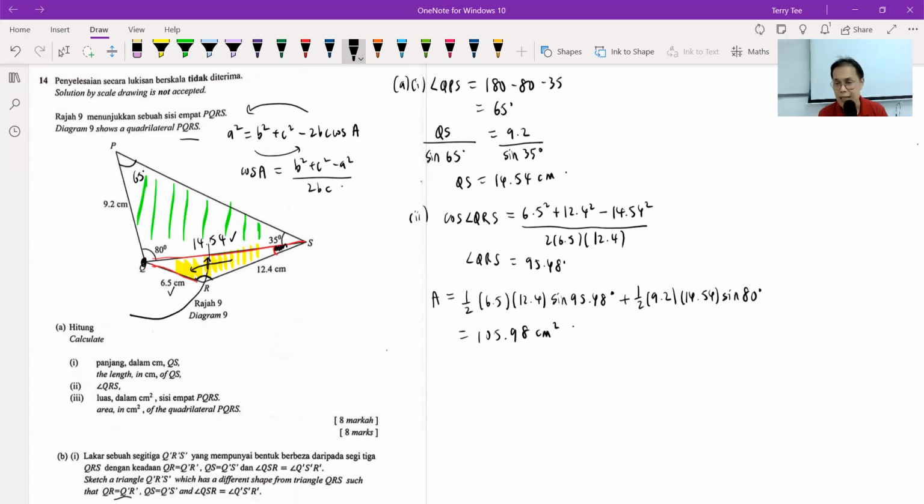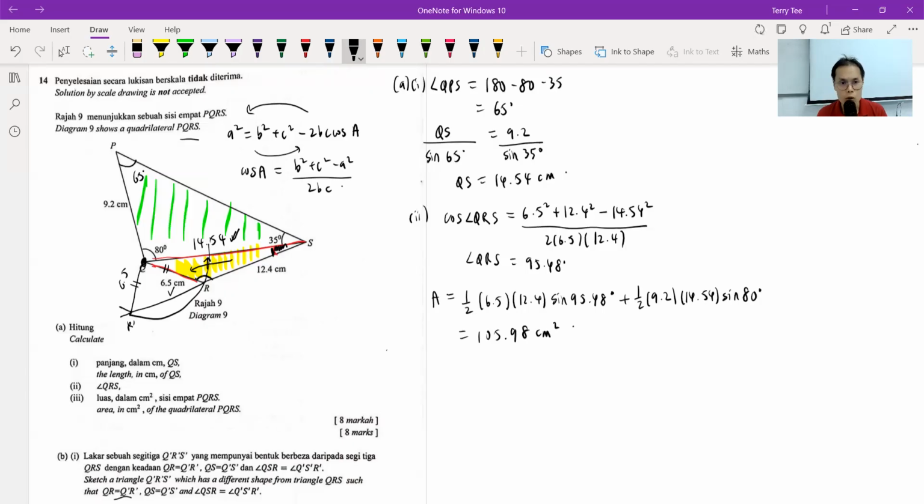Now, obviously, if I flip inside, it's not going to help because it cannot form a second triangle. But what we can do is extend this line outside and draw a second triangle outside here. So this will be my R'. So flip it out, so these two sides are equal in length, also 6.5. 14.54 is also maintained. This angle over here, we also maintain. Now, you don't even need to know what this angle is.